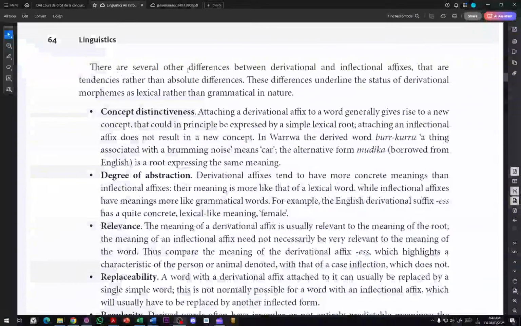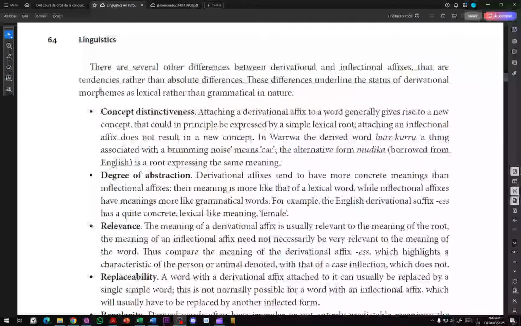There are several other differences between derivational and inflectional affixes that are tendencies rather than absolute differences. These differences underline the status of derivational morphemes as lexical rather than grammatical in nature.